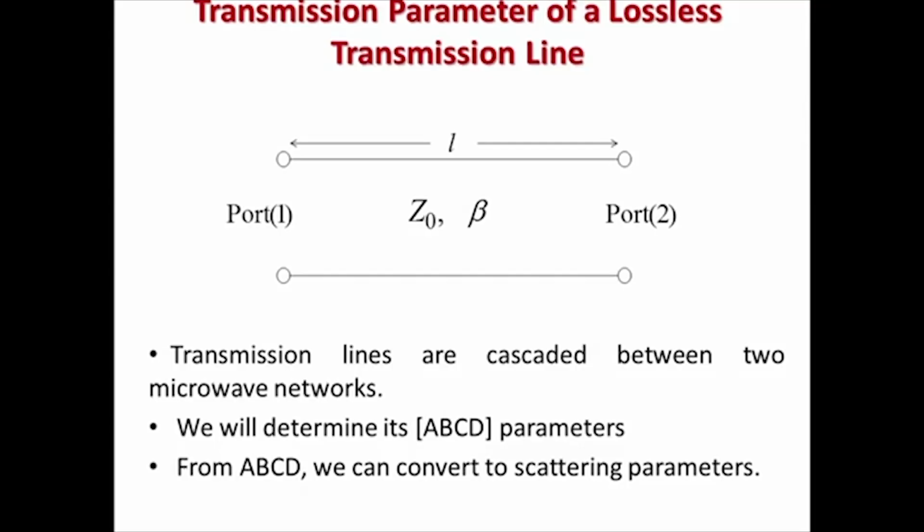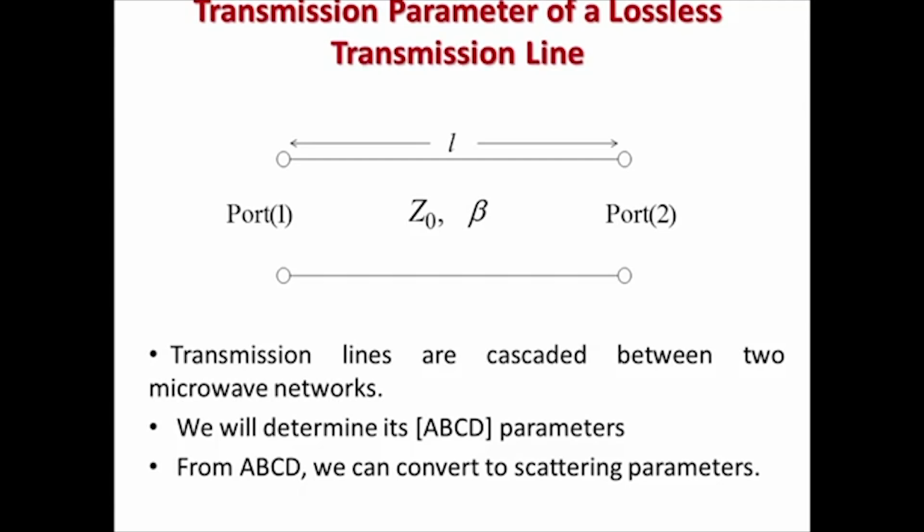So, that the overall S parameter of the whole network will be able to find. So, that is why one microwave engineer should know this relationship between S parameter and transmission parameters, and that is why we start our discussion.